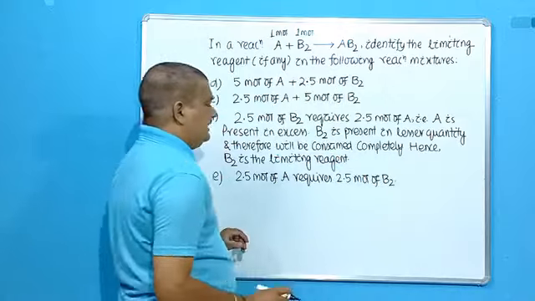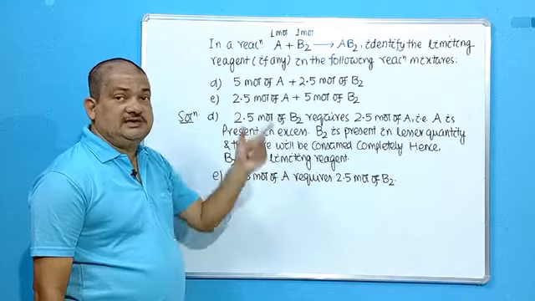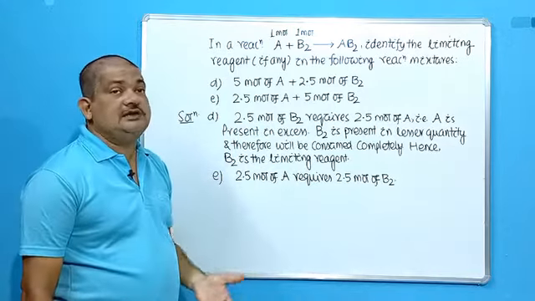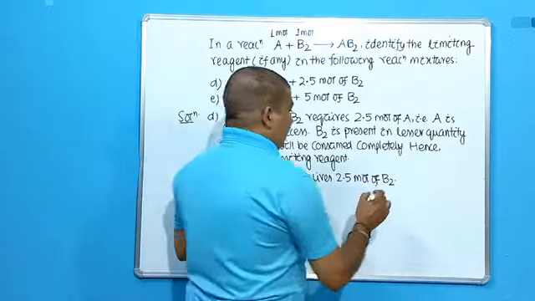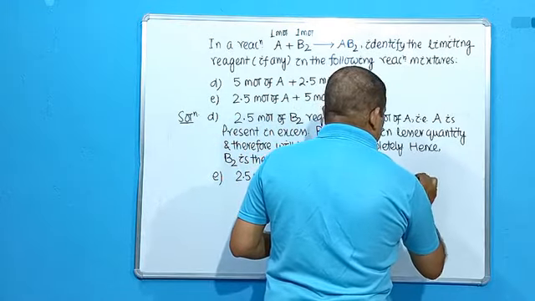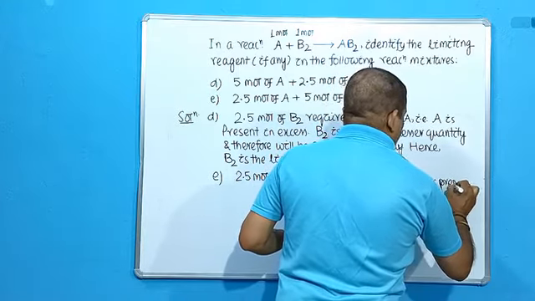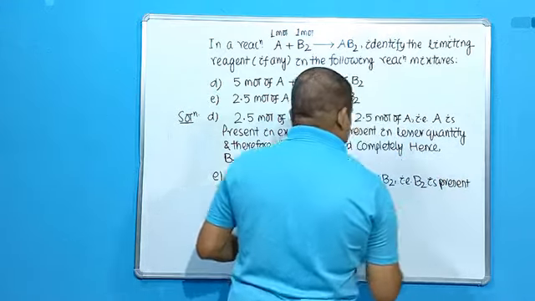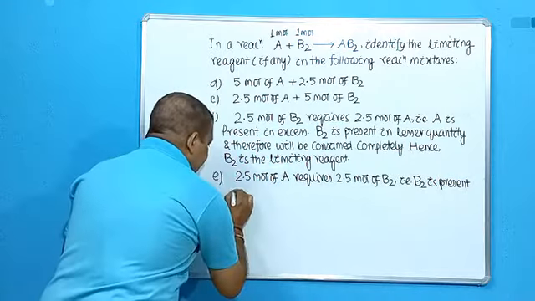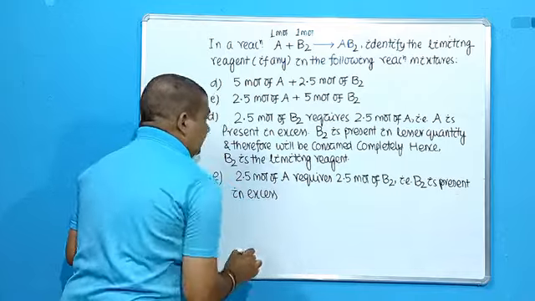Which is present in excess? B2 should be 2.5 mole, but it is present as 5 moles, so it is 2.5 mole extra. Hence B2 is present in excess.